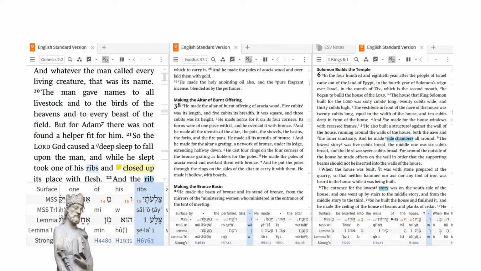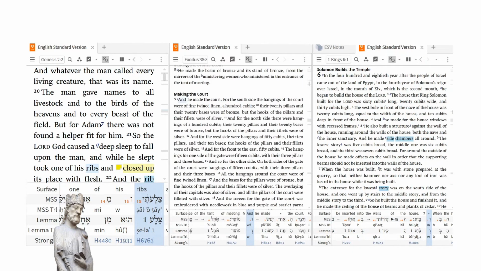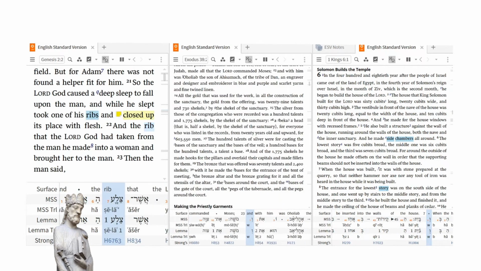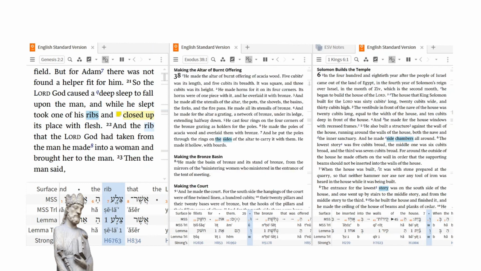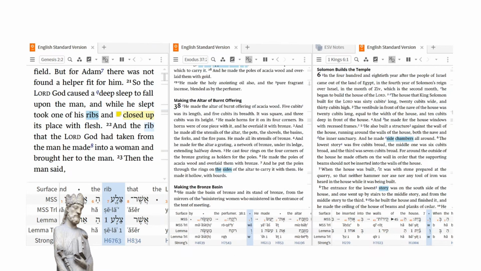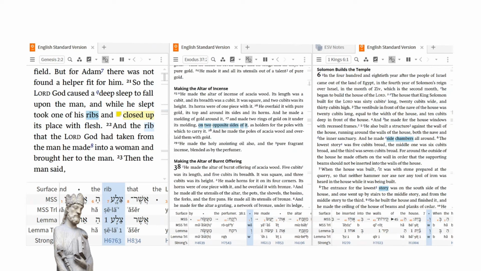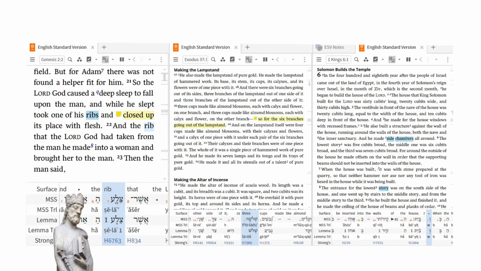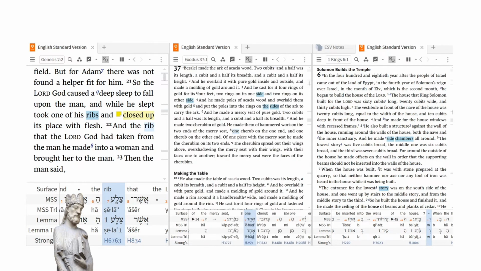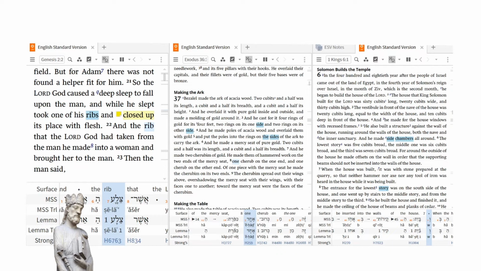Let's also make sure this is small. Yeah, it's pretty small. And I may have to click on it again. And I think it's up here. So here you go again with part of the altar for the burnt offerings, part of the altar of incense. And that might be, oh yeah, up here, part of the Ark of the Covenant. So again, this is the term used here for rib, but this isn't the only one.